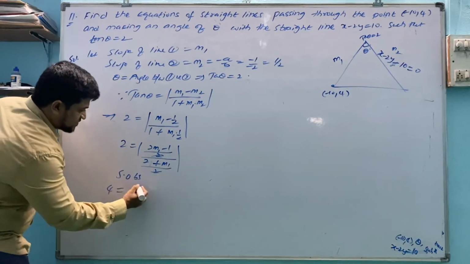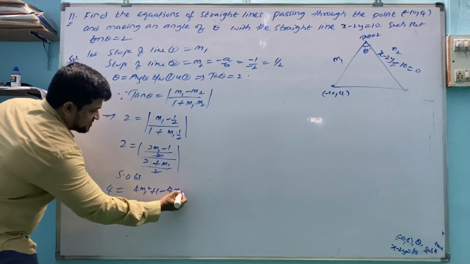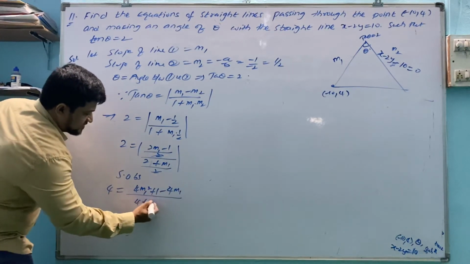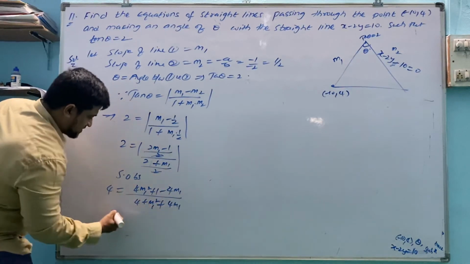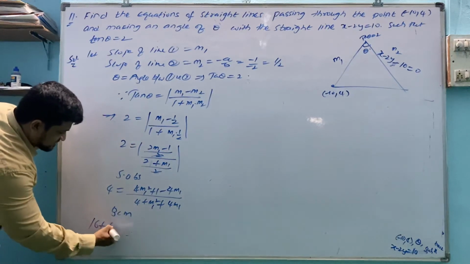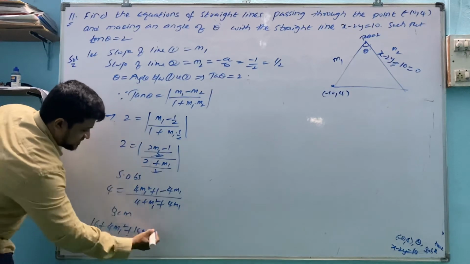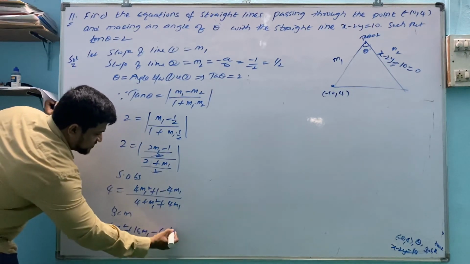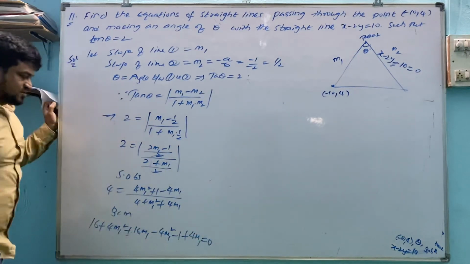4 is equal to a square plus b square minus 2ab, and the same thing, a square plus b square plus 2ab. Cross multiplication: 4 into 4, 16 plus 4 m1 square plus 16 m1. Then take these terms to the left side: minus 4 m1 square minus 1 plus 4 m1 equals 0.